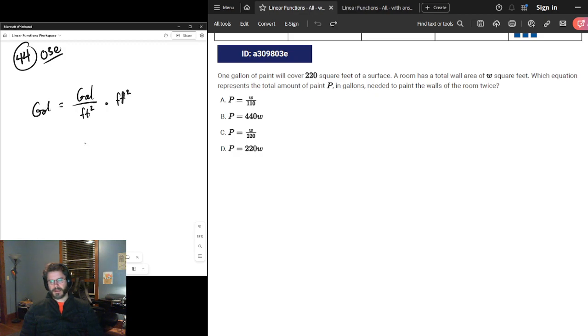So if it's 1 gallon for every 220 square feet, but if I'm doing this twice, then that should be 1 over 440. 1 over 440? No, we're doing it twice.